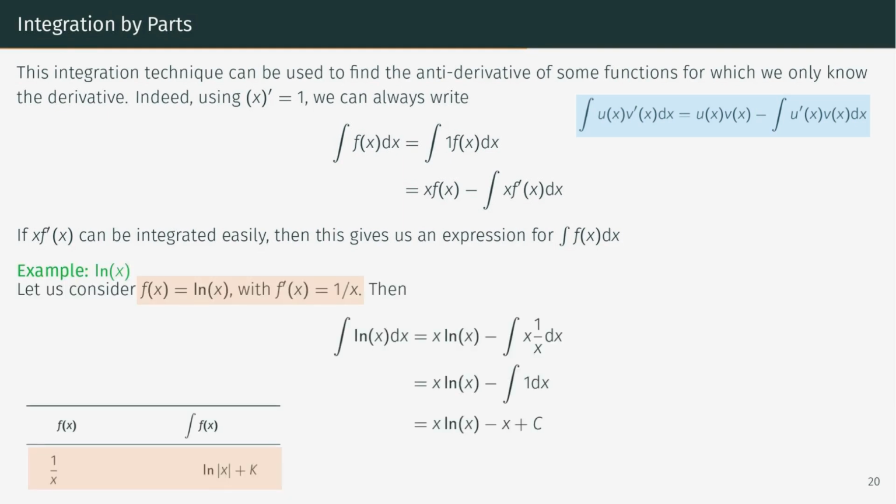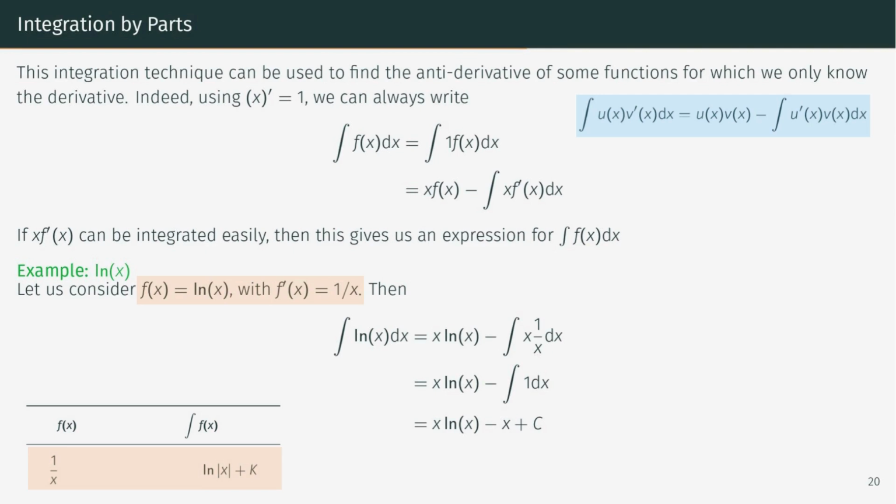An example is the natural log of x. If we consider f of x equals the natural log of x, then f prime of x equals 1 over x. This means that the integral of the natural log of x dx equals x natural log of x minus the integral of x times 1 over x dx.